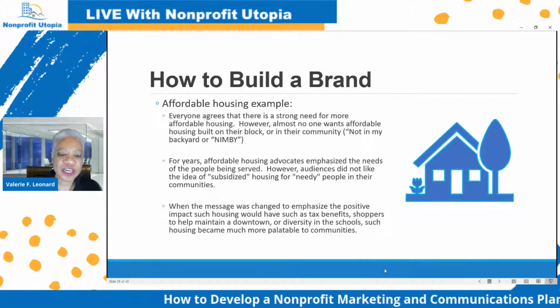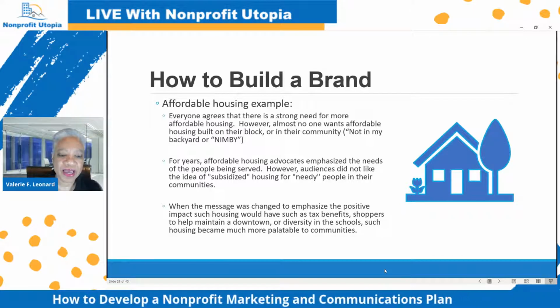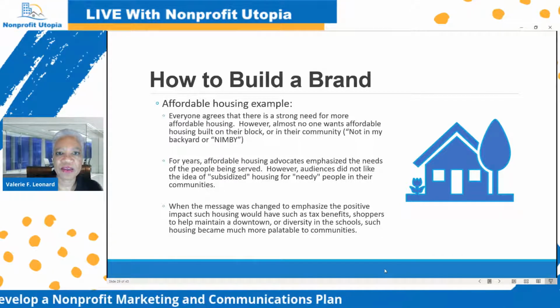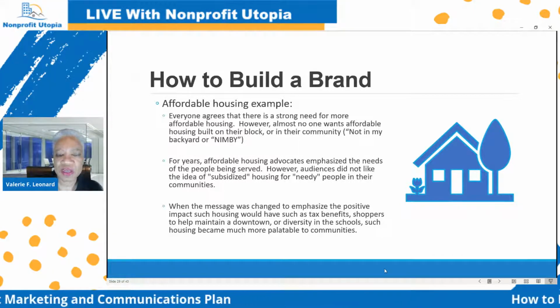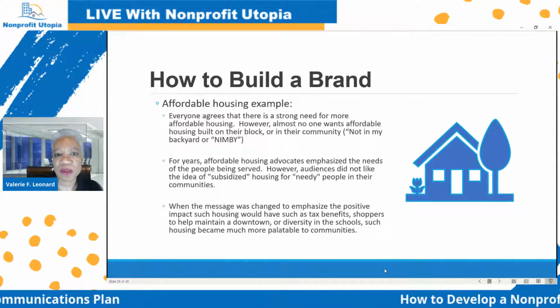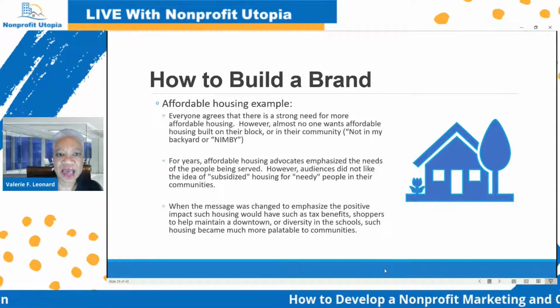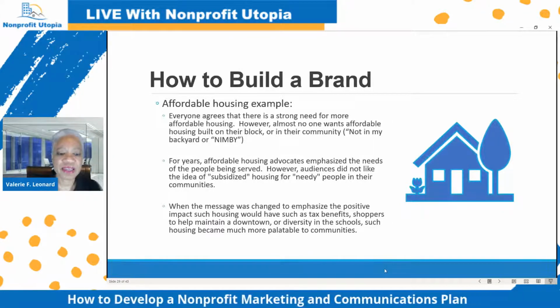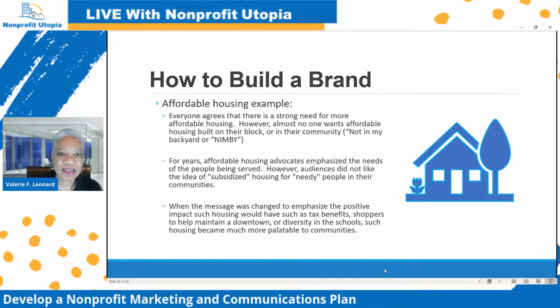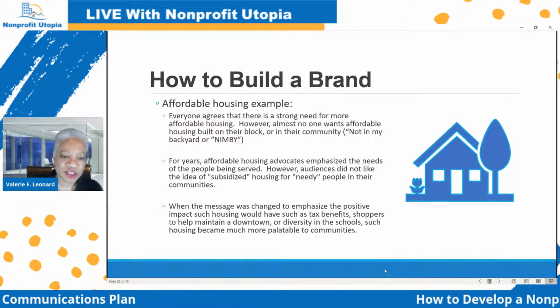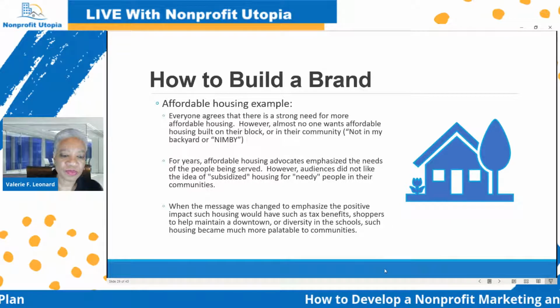The message was changed to emphasize the positive impact that the housing would have, like tax benefits. If we're building this house on a vacant lot, then a vacant lot that didn't generate any tax revenue is now in a position to generate tax revenue. All right.